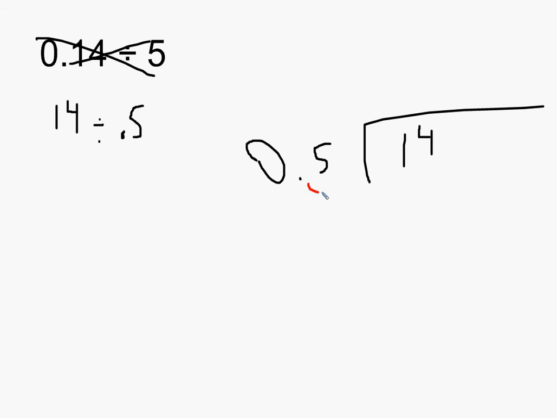Okay, so I have to move this decimal over to get rid of it. Now, what do I do here? This doesn't have a decimal. Well, this is a whole number, so there's an implied decimal at the very end. And I need to move it over one place. This gives me this big space here, and I can fill that with a 0. So this becomes 140 divided by 5.